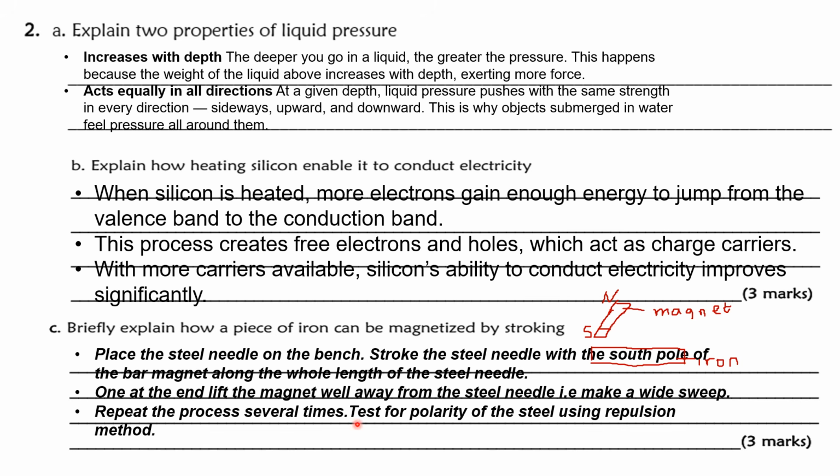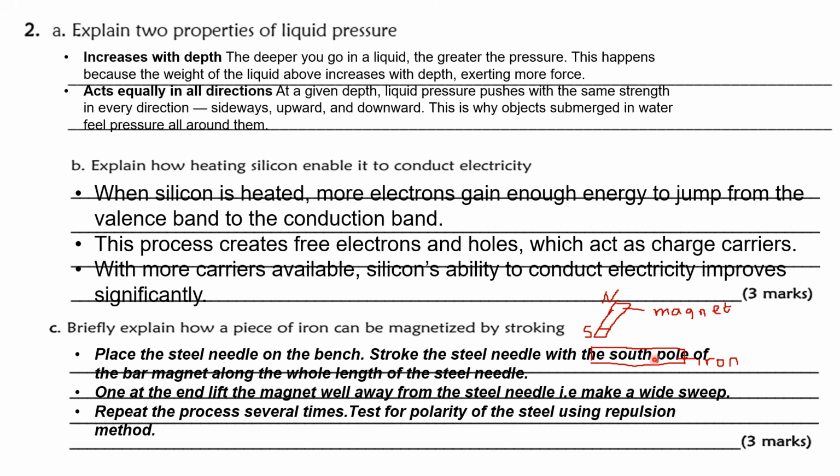By simply bringing the newly made magnet closer to a non-magnet. Let's say you bring the north pole of the magnet to one of the ends. If this is repelled, then it means the iron has been magnetized.